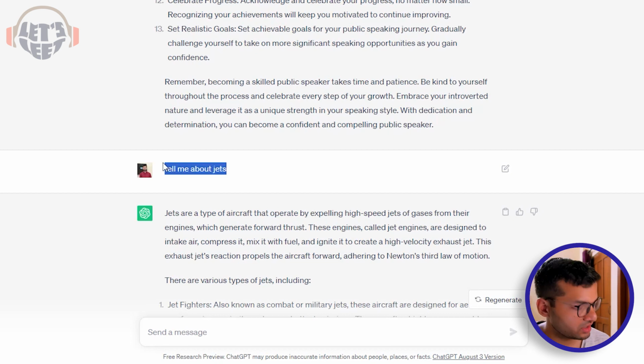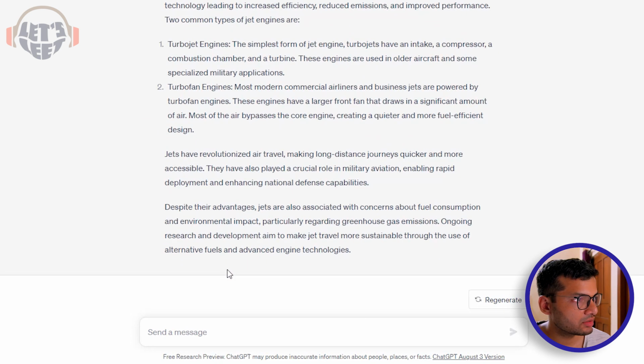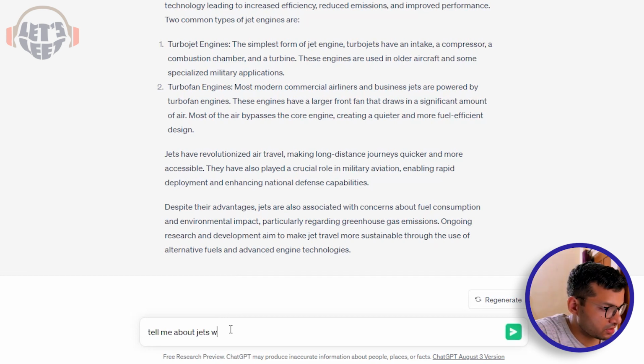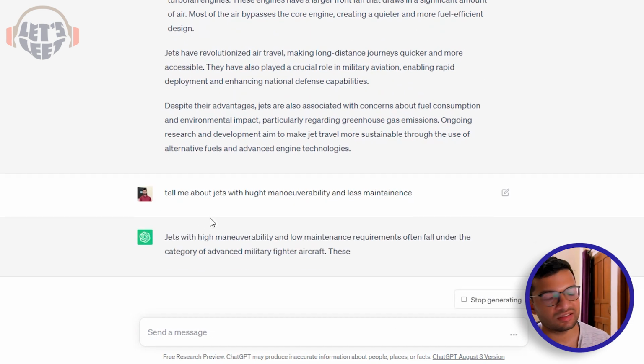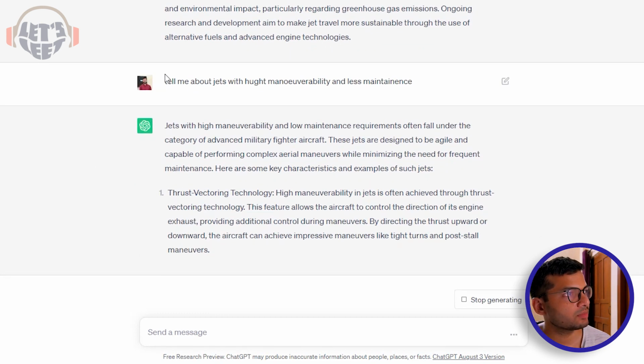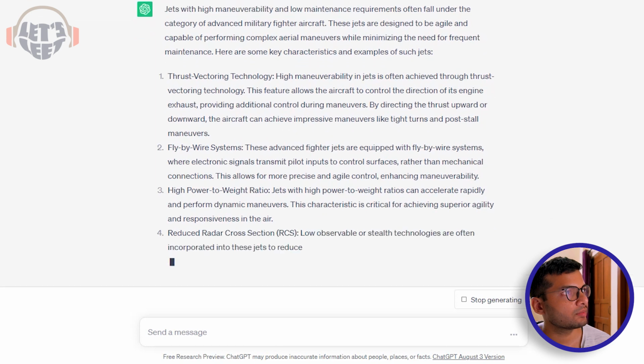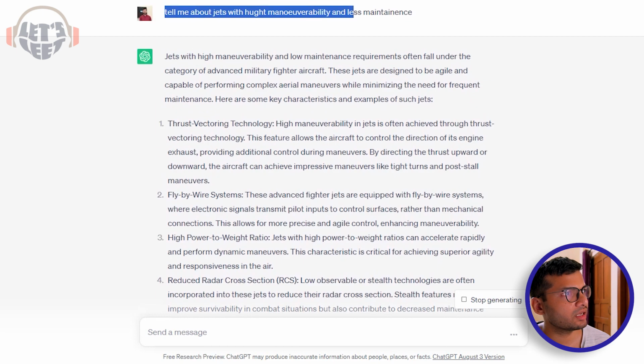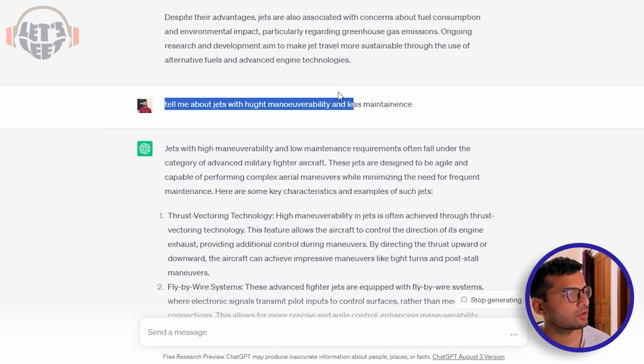So I can use the same question and add a specific direction to it. For example, tell me about jets with high maneuverability and maintenance. Now, I ask the same thing, but being specific in a certain direction.